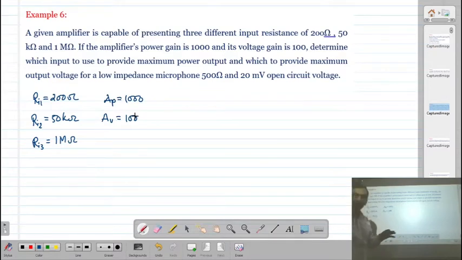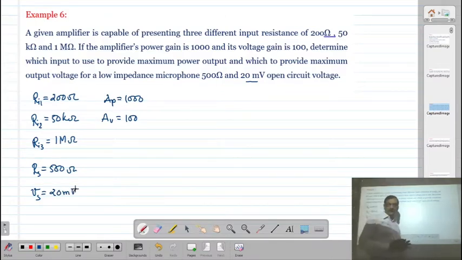Means at the input of the amplifier, a microphone is connected and its source resistance, you can say RS, is given as 500 ohm, and the source voltage, that is the open circuit voltage, Vs is given. This microphone is providing an open circuit voltage of 20 millivolt.